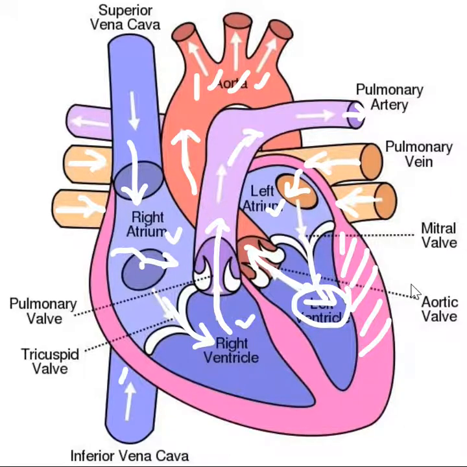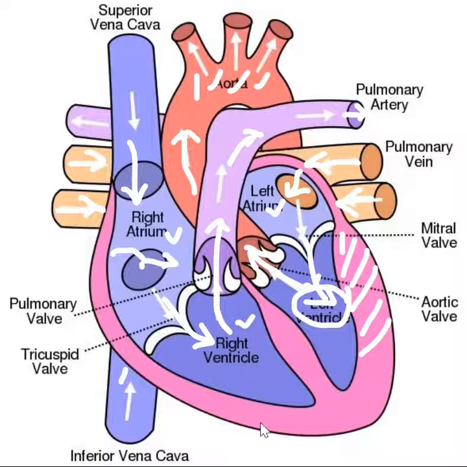Now, these are the blood vessels which are associated with the heart. But heart also has its own blood vessels. These blood vessels give oxygenated blood to the heart muscular walls. So a pair of coronary arteries arise from systemic aorta and supply oxygenated blood to the heart muscular walls.